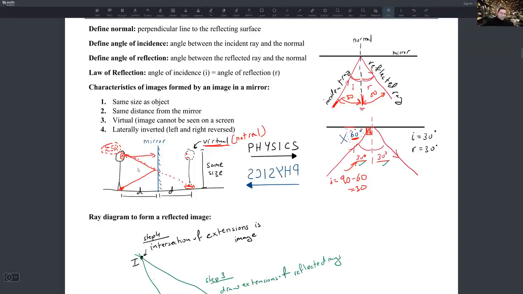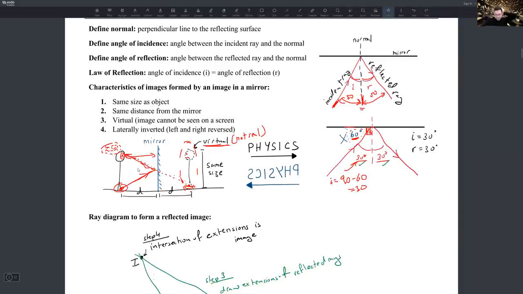So basically the image that you see in a mirror is defined as not real because the light rays aren't coming from the mirror, they're coming from you. They're just reflected off of the mirror, so your brain thinks the image or the light is coming from behind the mirror.